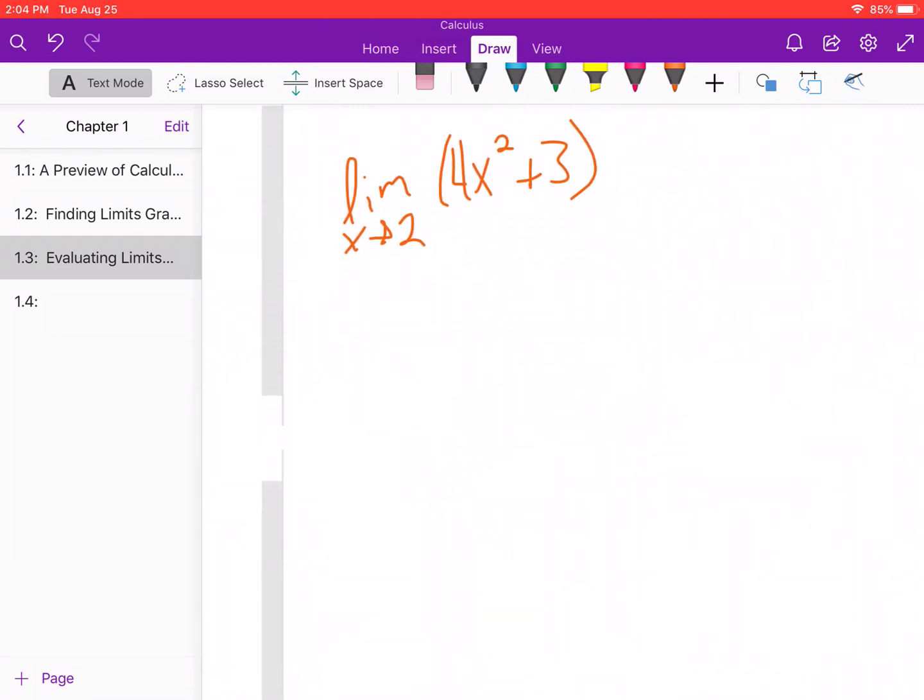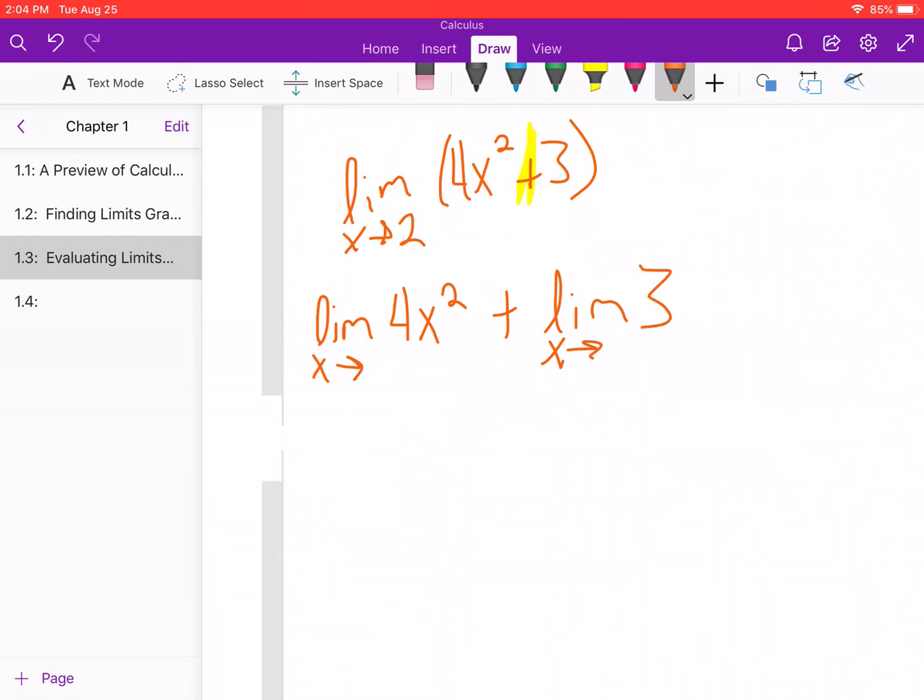So we're going to use all of our rules and split them up. Okay, so what we're going to do, I'm going to split this up. First of all, I'm going to use the sum rule since we have this plus here. So I'm going to split it up to be the limit as x approaches 2 of 4x squared plus the limit as x approaches 2 of 3.